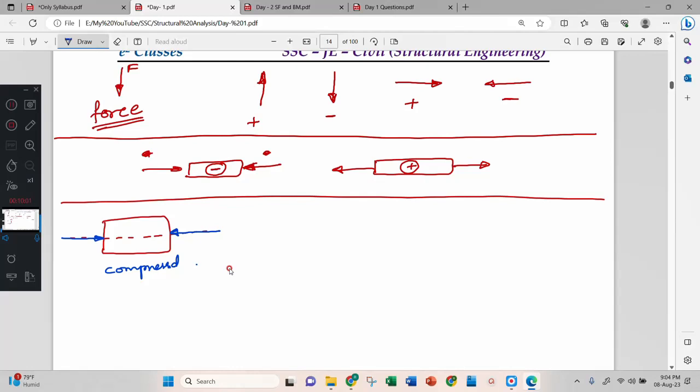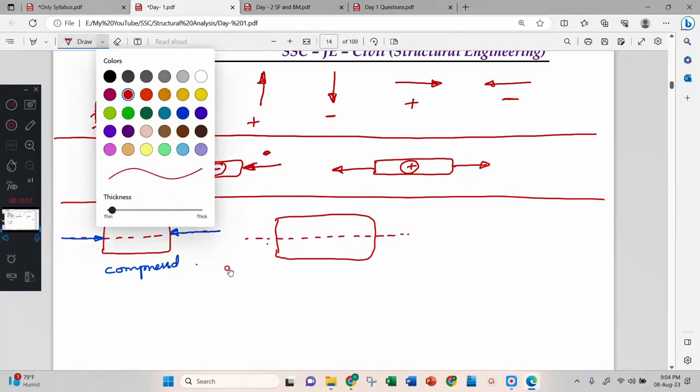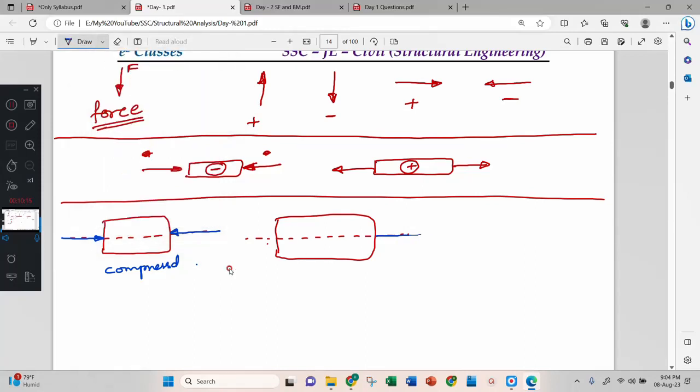Now similarly, look at this diagram. This is a body and this is your axis, but this time the forces are not acting as earlier. One force is acting like this, and another force is acting like this.